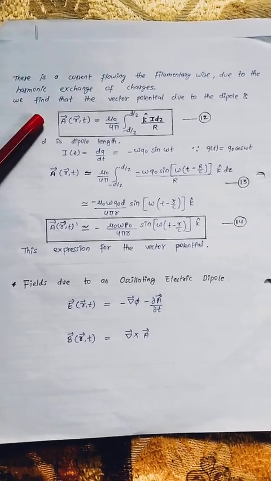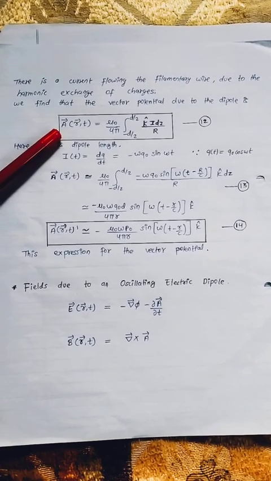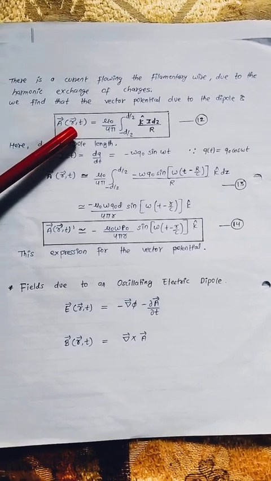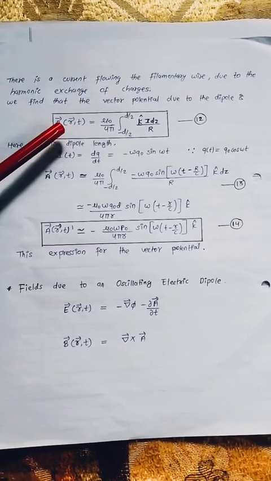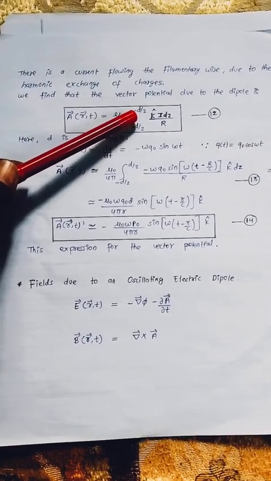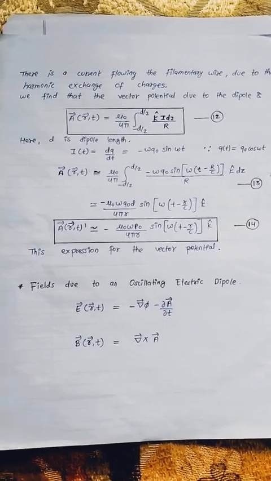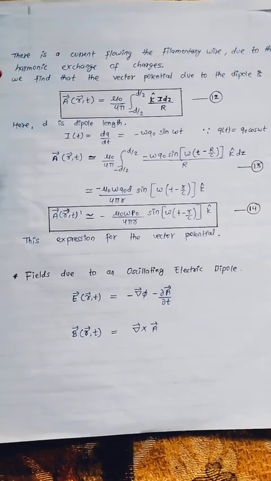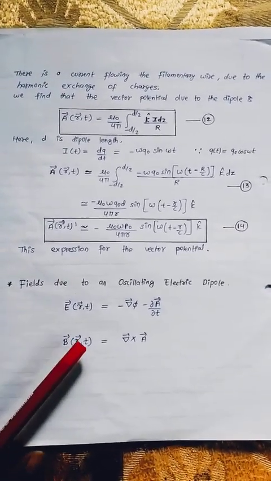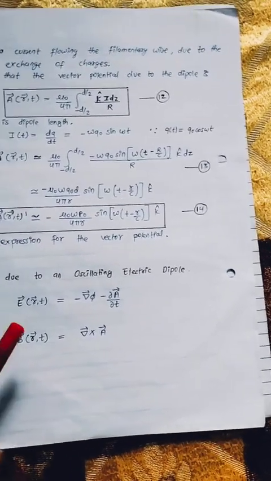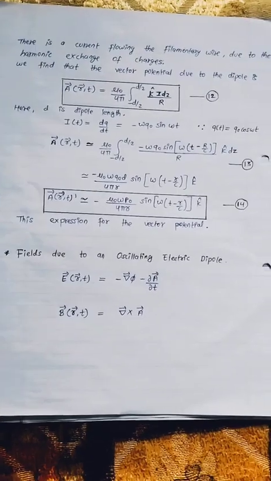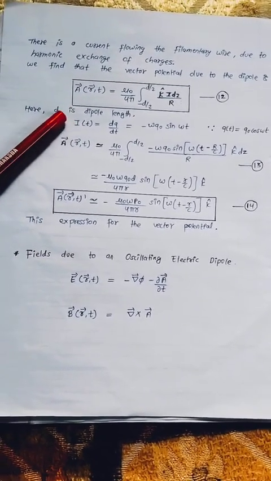We find that the vector potential due to the dipole is A equal to mu naught by 4 pi, integral from minus d by 2 to d by 2 of I dz by r, in the k unit vector direction, from Maxwell's fourth equation, which says that exchanging of charges, here d is the dipole length.